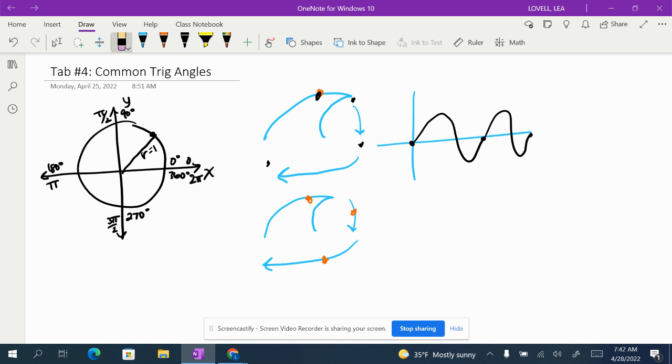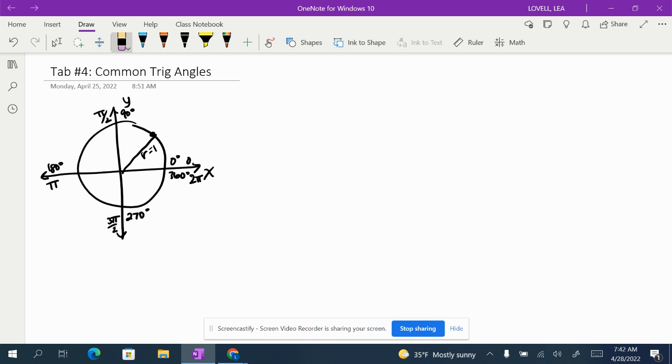So trigonometric functions model the periodic nature of things in nature. It can model populations of species, right? Let's say a population of rabbits grows and grows, and the rabbits have more and more babies, until they get to a point where the food source can no longer sustain that many rabbits.